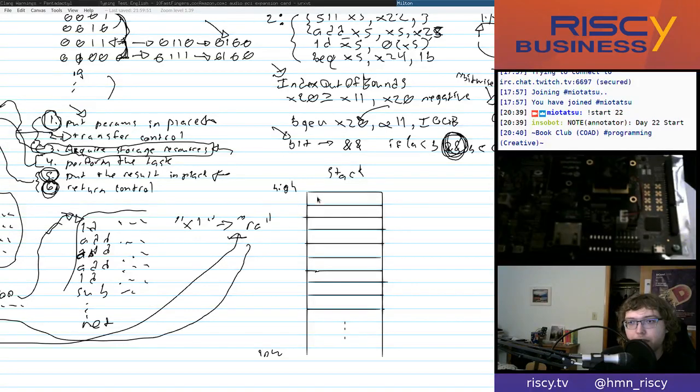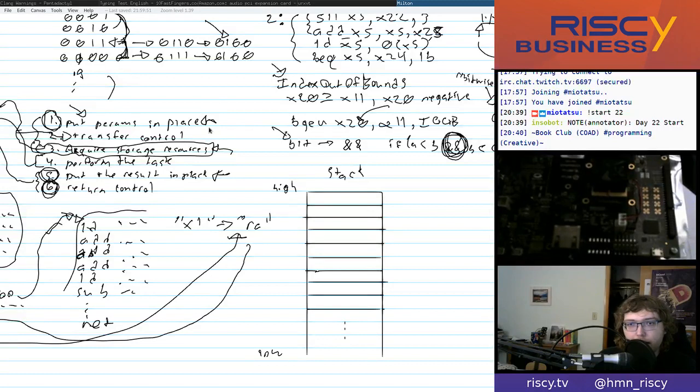Well, they're going to go in the stack, of course. That's where they go. And then, like I said, when you're the caller and you're calling a function, if you need to save caller saved registers, you put them on the stack. If you're the procedure and you need to use callee saved registers, you save them on the stack. Those things go on the stack.